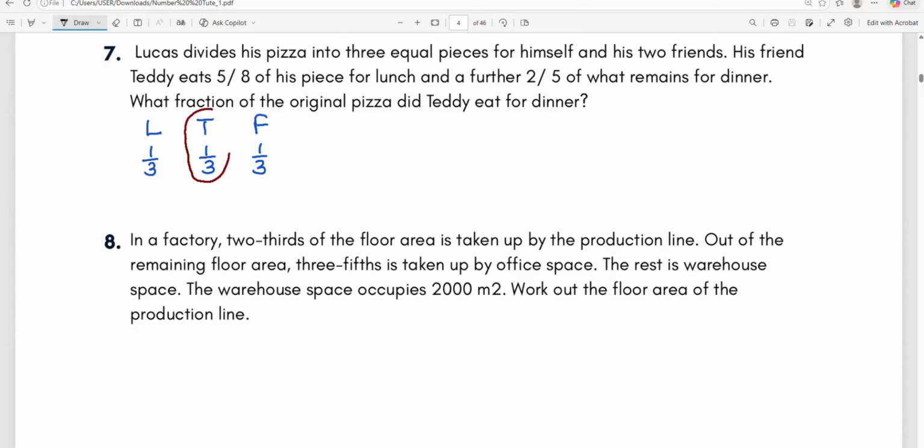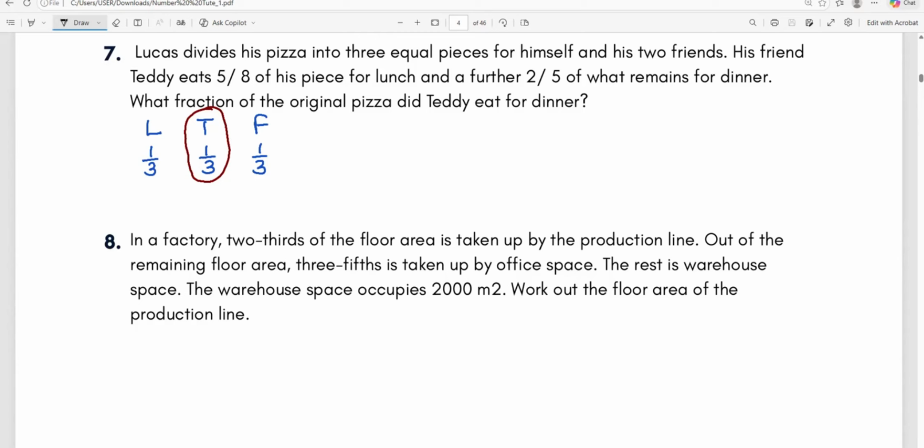The question is about Teddy's portion. Teddy eats 5/8 of his piece for lunch.